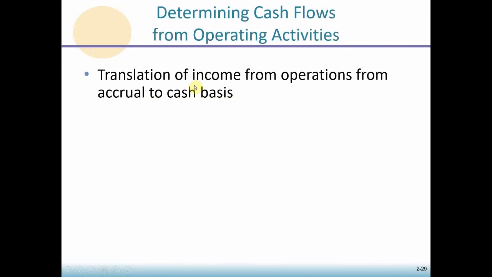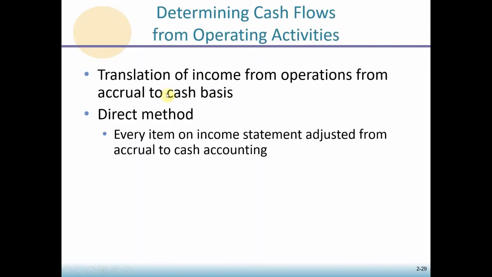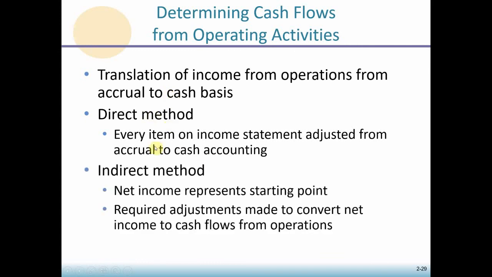There's translation of income from operations from accrual to a cash basis, right? We're going to go through depreciation and all those things later, and we're going to go through some cash flow statements, so I don't want to overdo it right now.